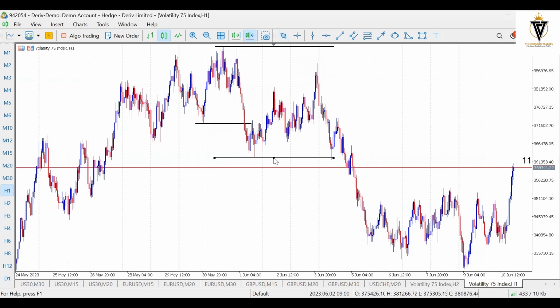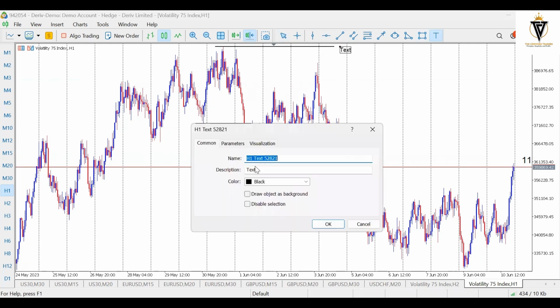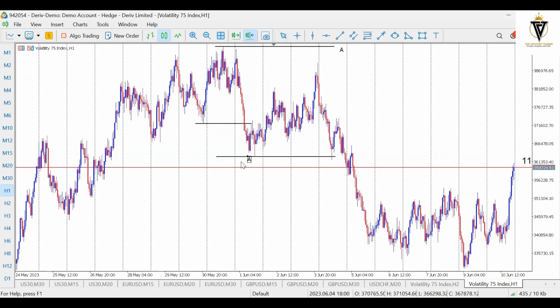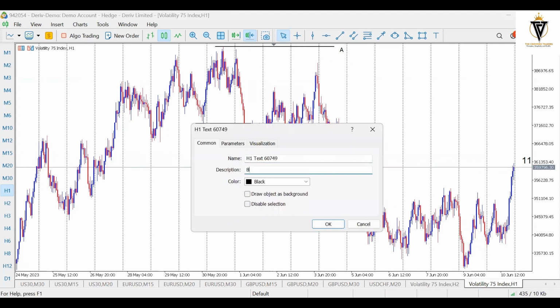So our point A is our high here. This is our point A, and then this point B here. Knowing that we are going to the downside already, point C is unknown.